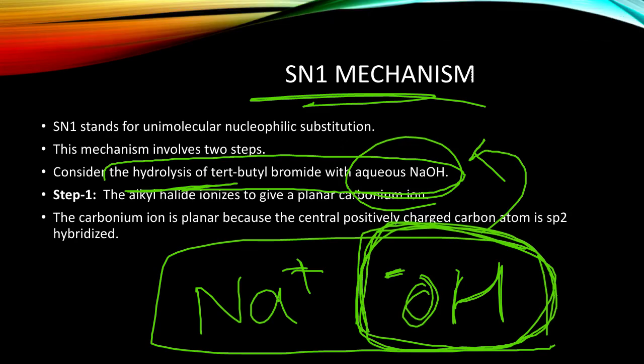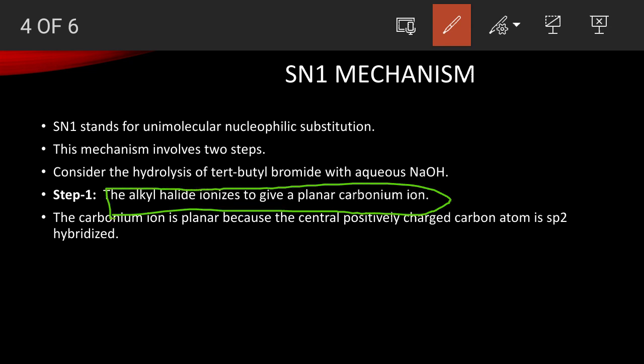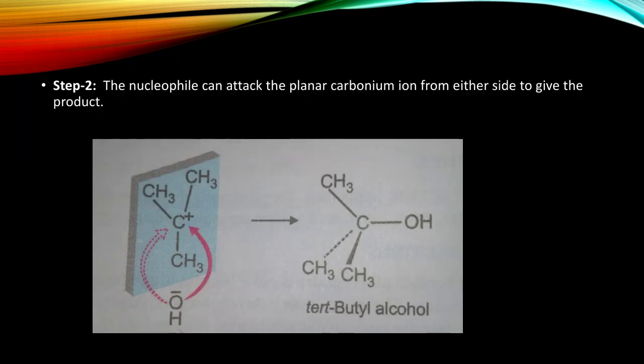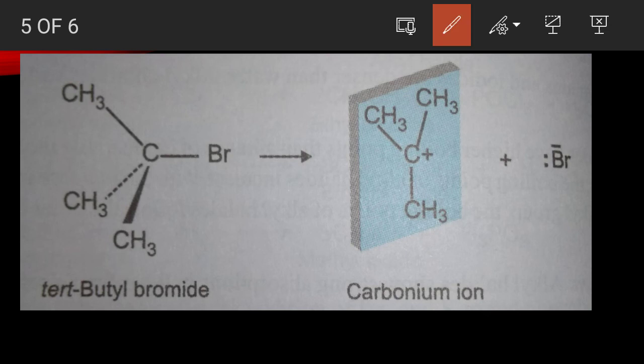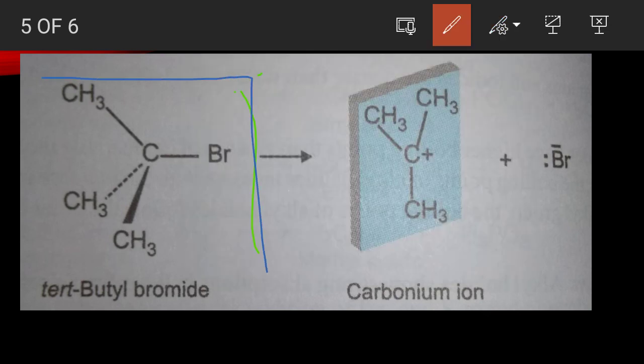In the first step, what happens? The alkyl halide ionizes and it gives a planar carbonium ion. Look at here, this is the tertiary butyl bromide.